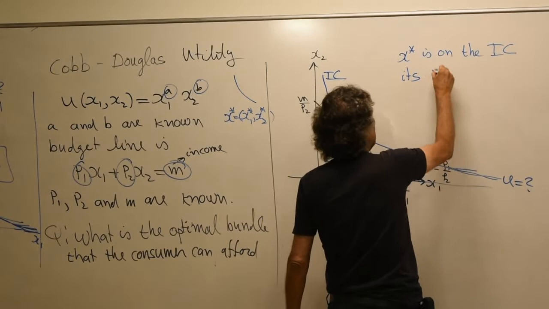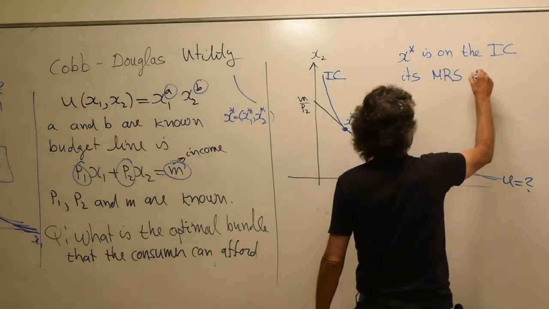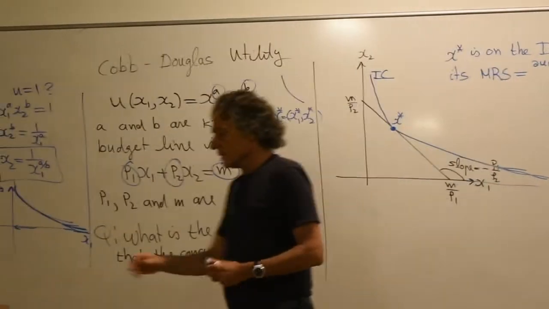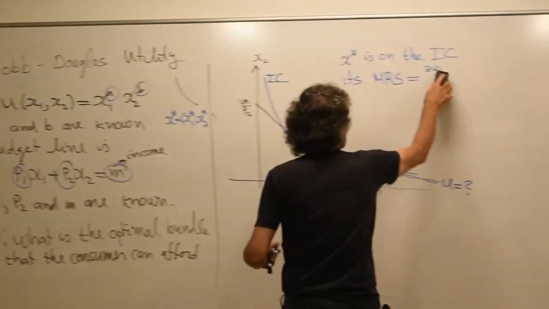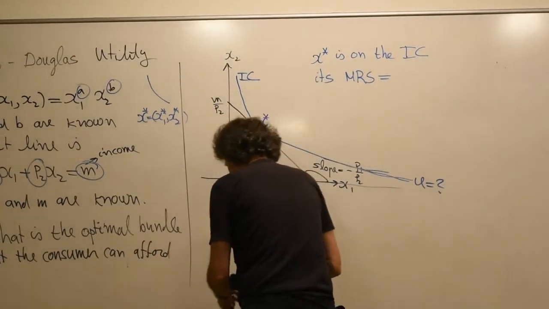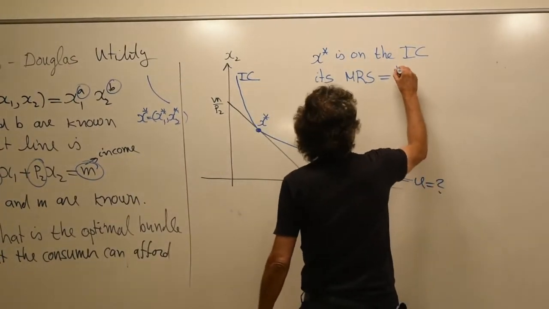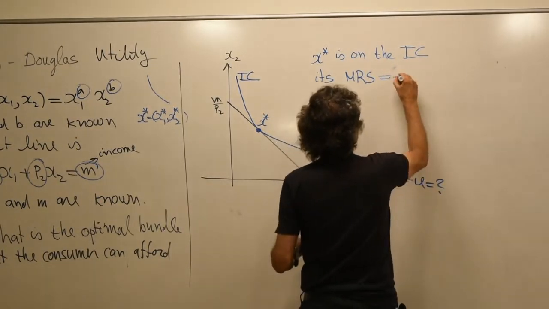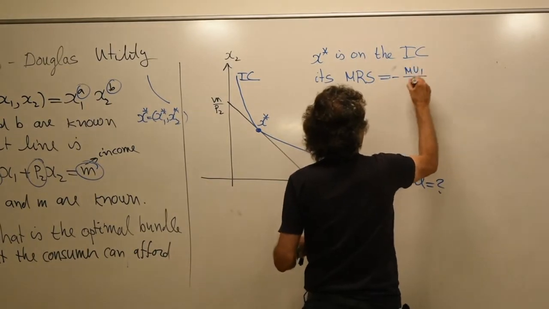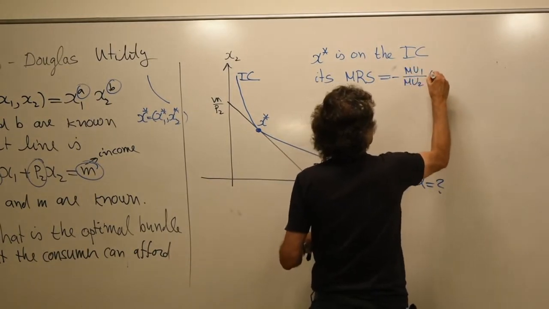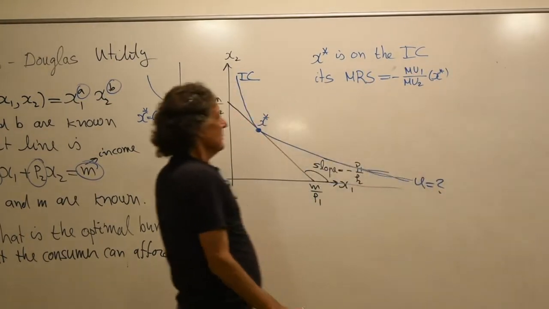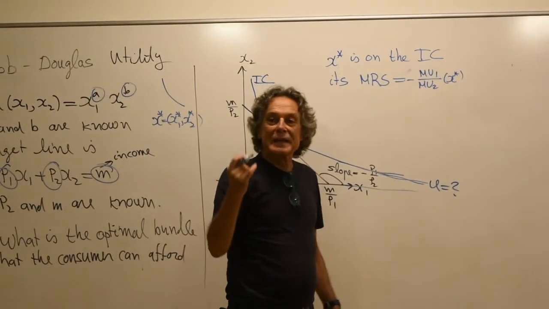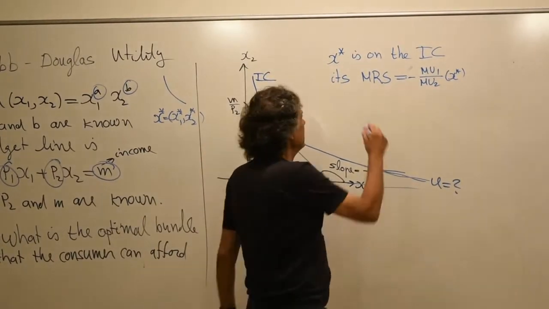Its MRS equals, maybe I write it first as minus of MU1 over MU2 at x star, because the MRS changes, okay? But that's what we did last time.